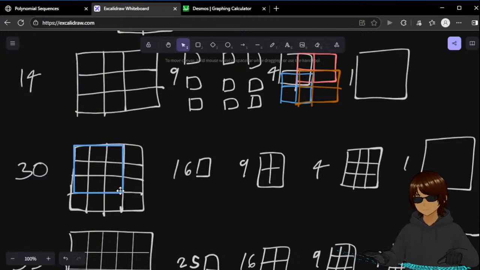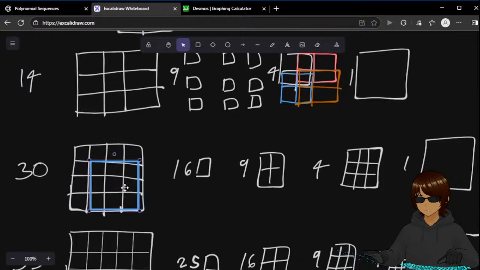So we have one big square, only 1 here. And if we make it 1 unit smaller, we can move the square around in a 2 by 2 space.